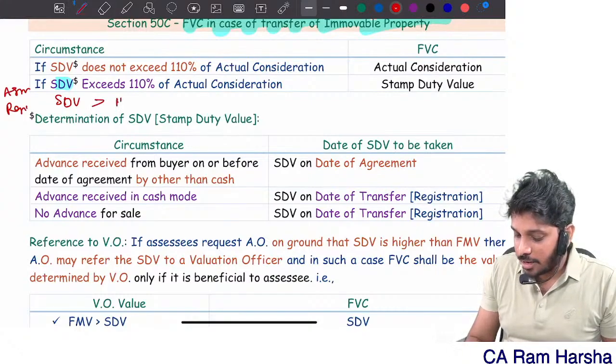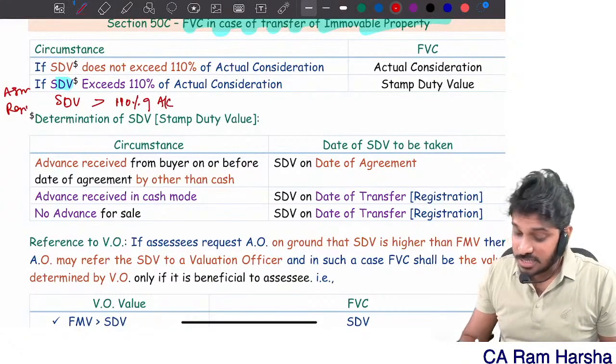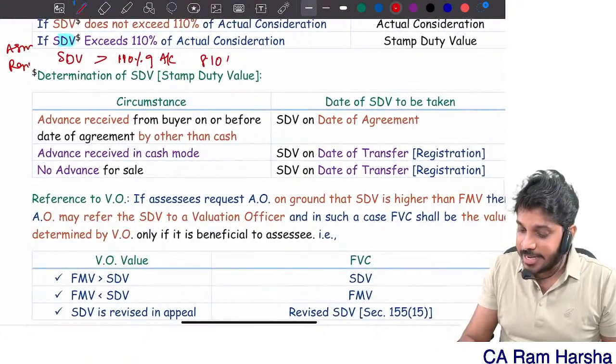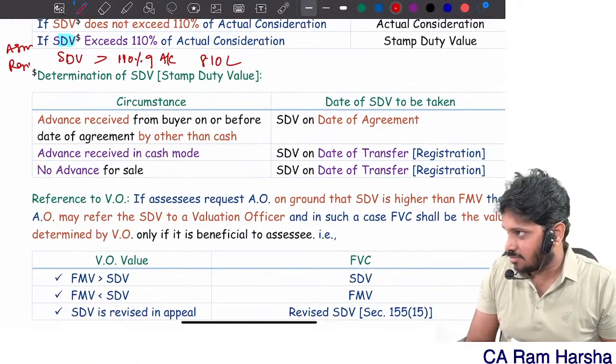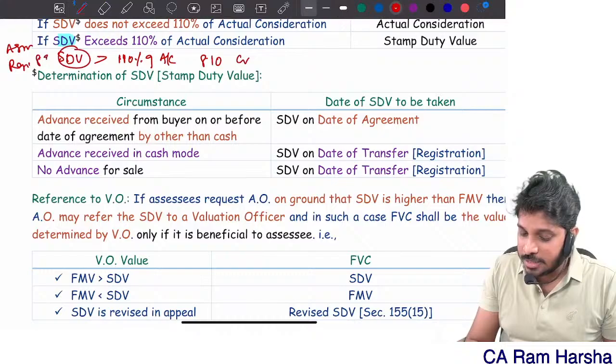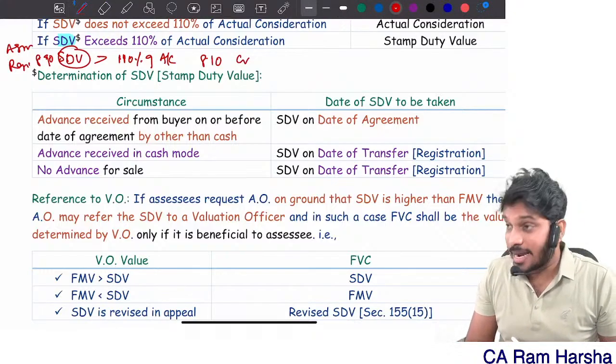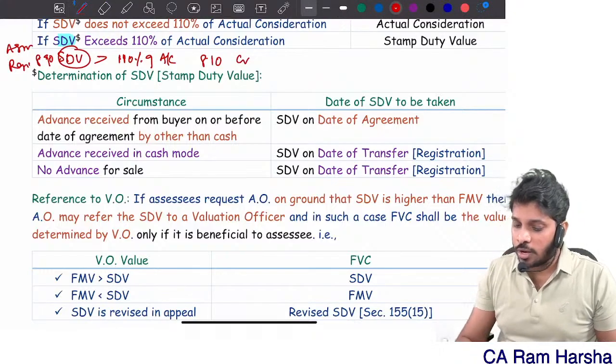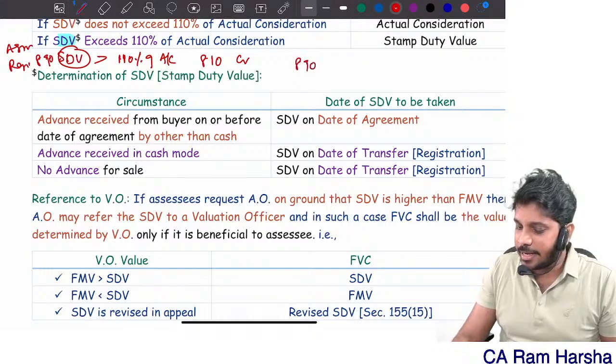Is it more than 110% of actual consideration? Identify. Suppose actual consideration is 810 crore. Stamp duty value is 890 crore. Is 890 more than 110% of 810?